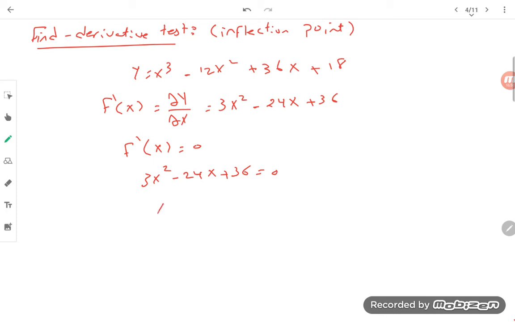The possible solutions are x equals 6 or x equals 2. This means that there are two turning points in this case, or inflection points.